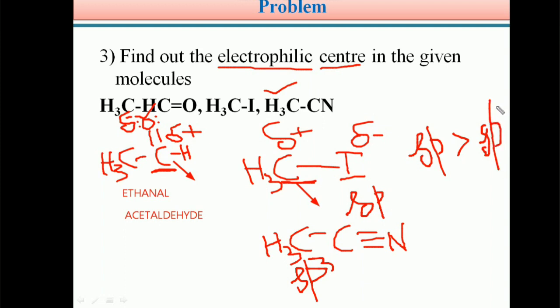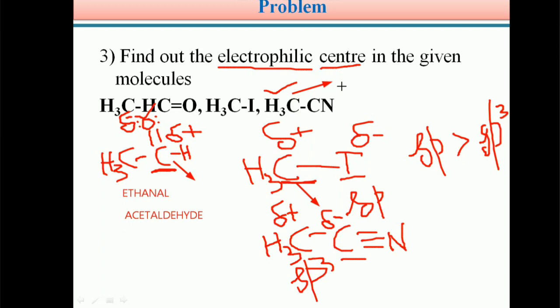When we compare the two, the sp hybridized carbon is highly electronegative. As a result, this methyl carbon will have a partial positive charge, and this cyano group carbon has a negative charge. Therefore students, in the case of acetonitrile CH3CN, this CH3 carbon is the electrophilic center, meaning the electron deficient portion of the acetonitrile molecule.